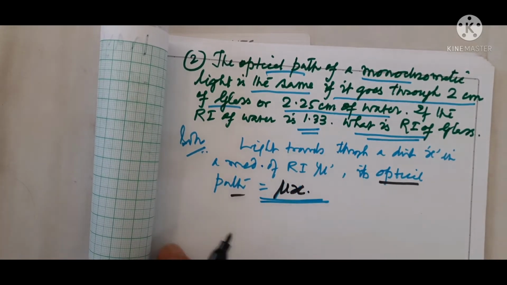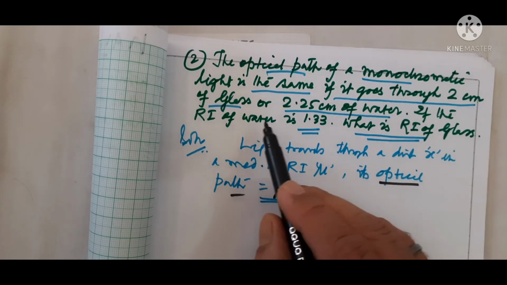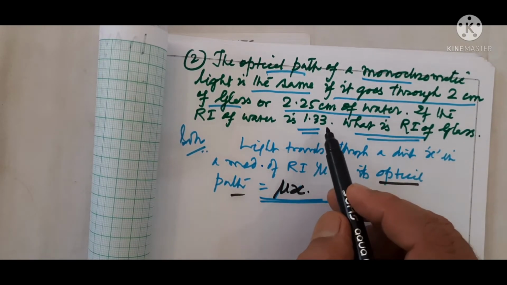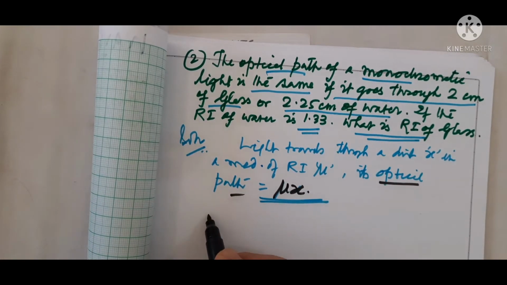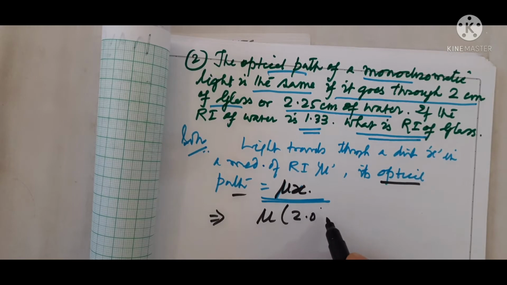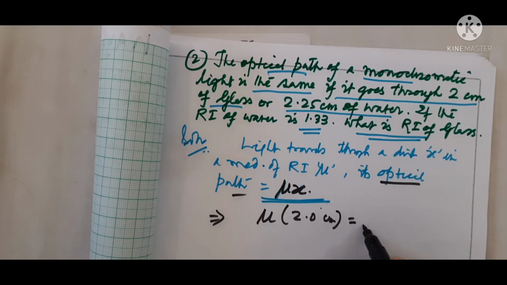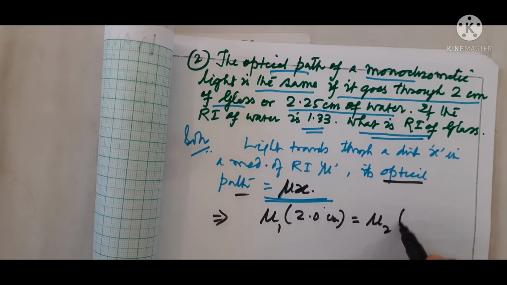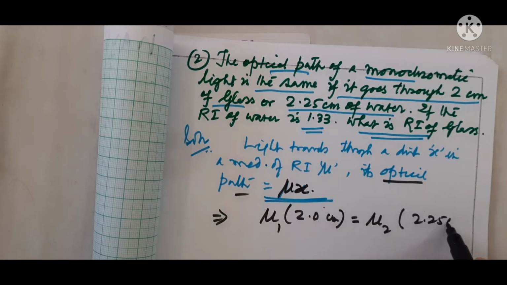Here it is given that 2 centimeter of glass and 2.25 centimeter of water, where the refractive index is 1.33, and the optical path is the same. So we have to write mu 1 into 2.0 centimeter is equal to mu 2 into 2.25 centimeter.